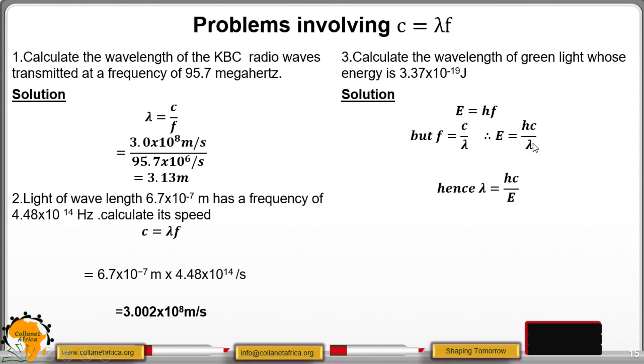From there, we make λ the subject of the formula. λ will be hc over E. After that, we substitute. We have h as Planck's constant, c as the speed of light, and E as the energy. So when you substitute and key in, making sure that you put brackets on each value, you will get that the wavelength will be 5.875 meters.